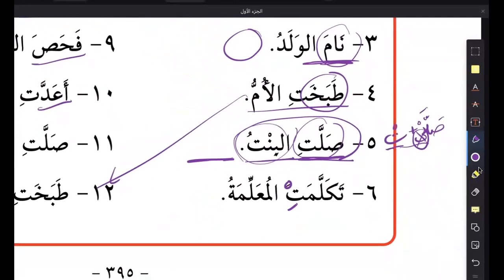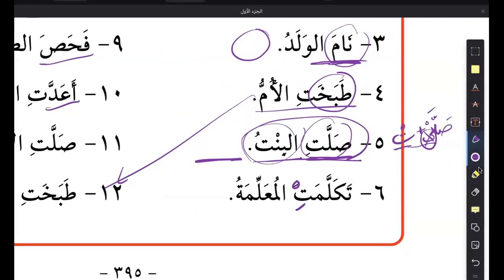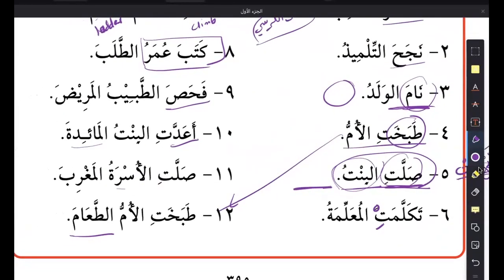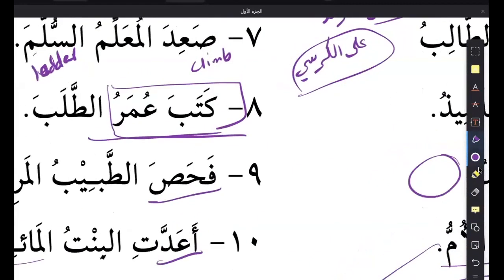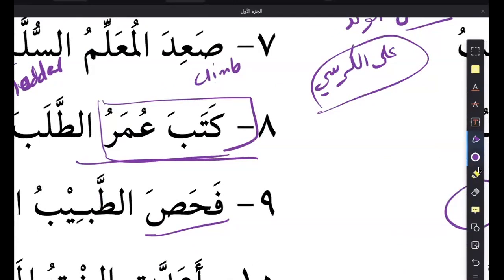If the context is there and it does not require further clarification, or if it does not require an object for the context, then you can drop the maf'ul bihi. You can drop the object. But if the context is not clear, you cannot just stop. For example, you cannot just say kataba Omar.